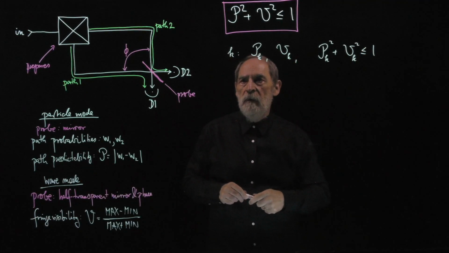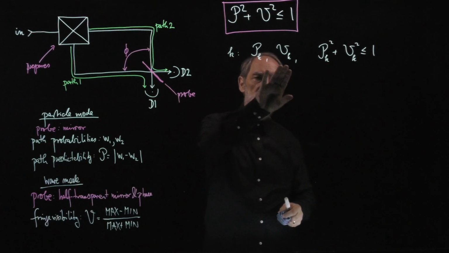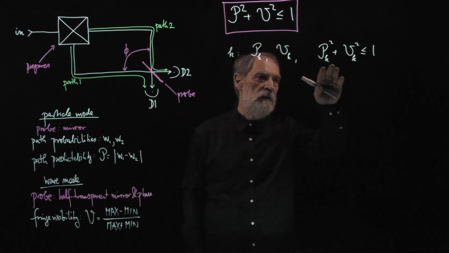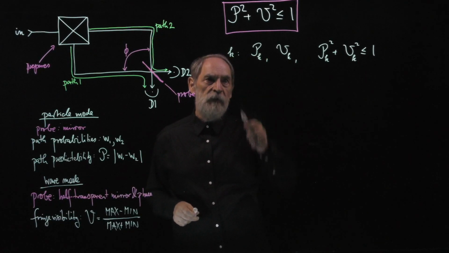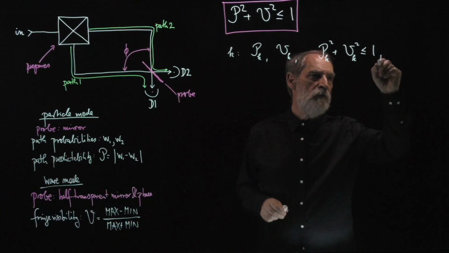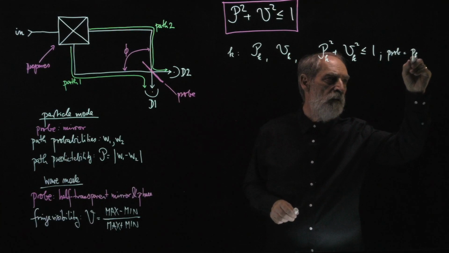And then we have particles with a different label and a different value for the predictability, a different value for the visibility, but again the sum of the squares cannot exceed 1. And this kth kind of particle occurs with a probability that we call pk.